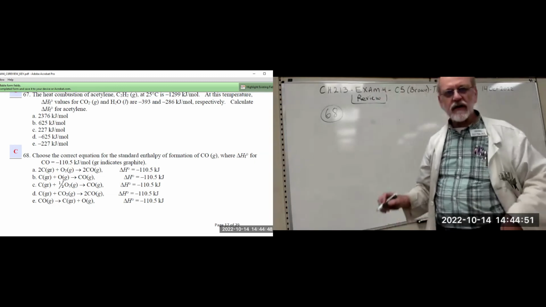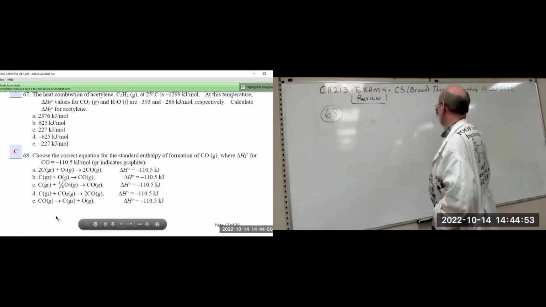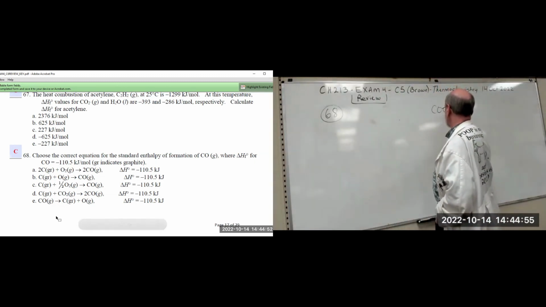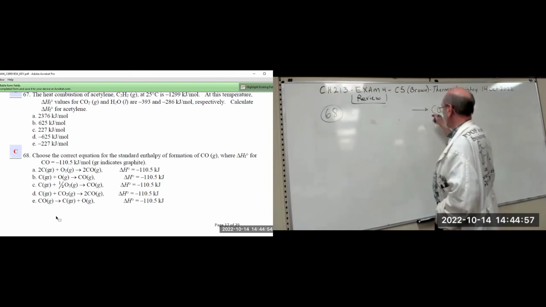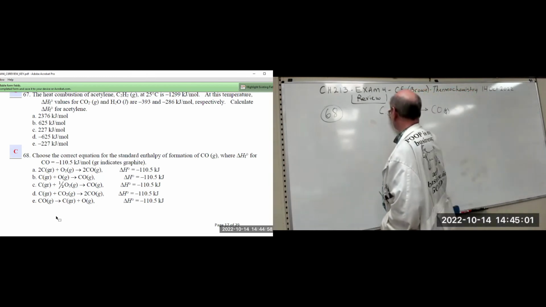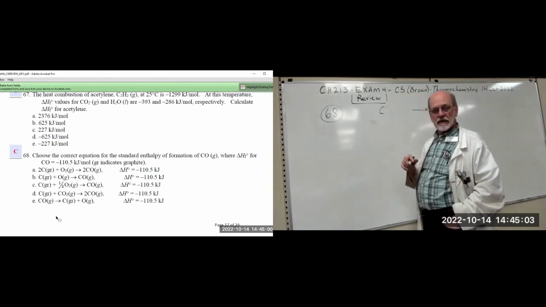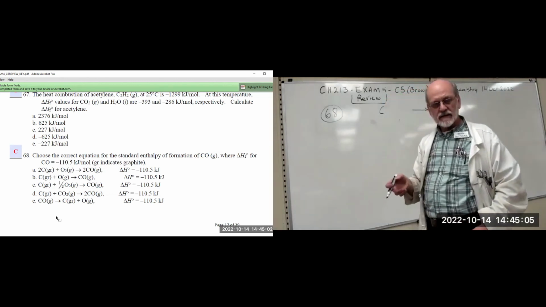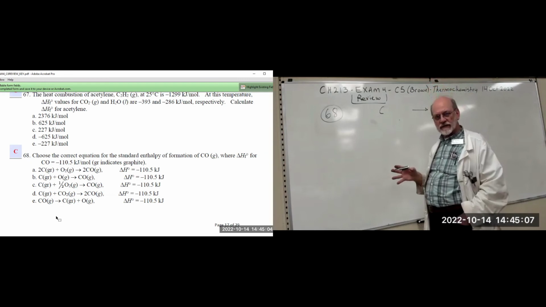So what's the standard heat of formation for carbon monoxide? CO, gas, 1 mole, always 1 mole. We need carbon here, which should be carbon. Graphite is the most stable form of carbon.